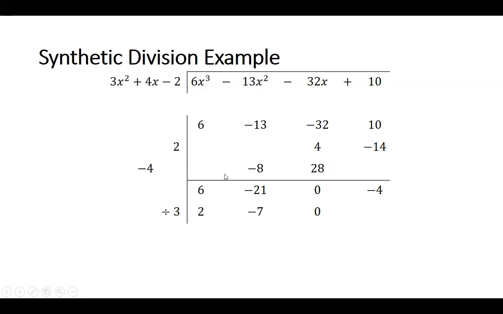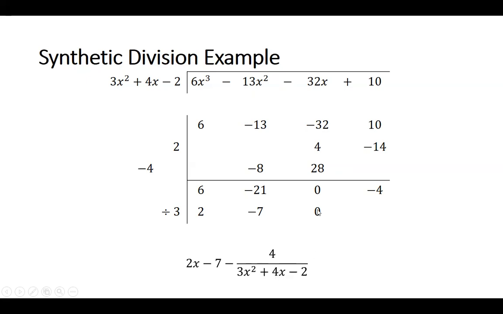So now we can look at it. Well, we had x cubed divided by x squared, making this leading term x. So we have 2x minus 7 plus 0x minus 4 over 3x squared plus 4x minus 2.